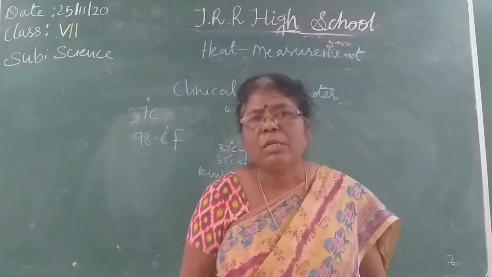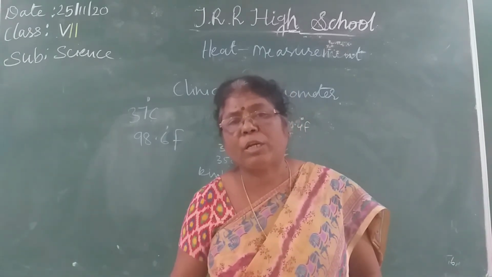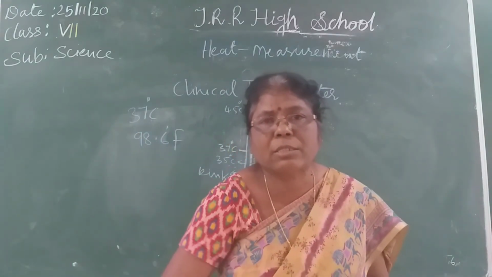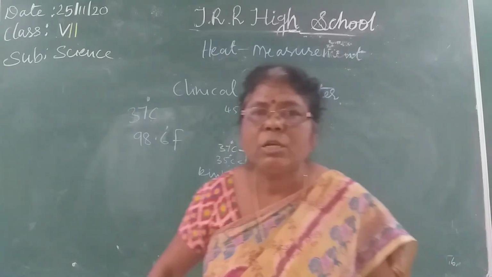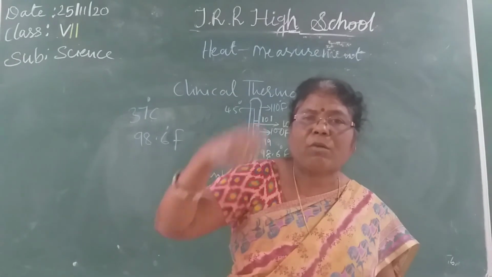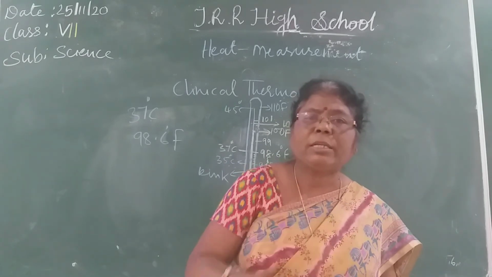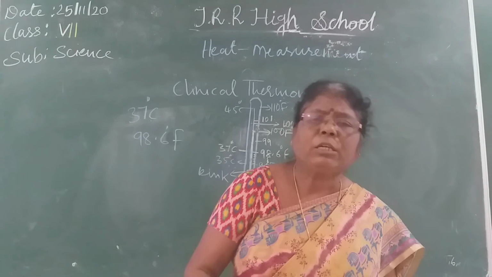Why give a jerk to the thermometer? To get the mercury level down to normal; the mercury level should decrease. After taking the temperature, suppose you are having 101 or 102 degrees Fahrenheit. Can you keep it like this?